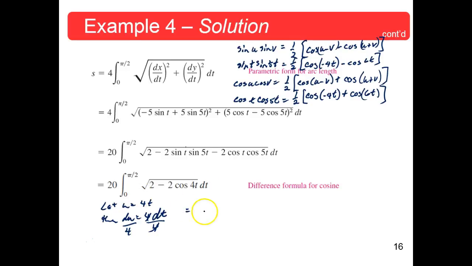So now our integral would be 20 times the integral, and if u is equal to 4t, t is going from 0 to pi halves, that would be going from 0 to 2 pi. Okay? And that would be the square root of 2 minus 2 cosine u du. Oh, wait. I forgot my 1/4. I pulled out a 1/4. Okay? You okay with that?